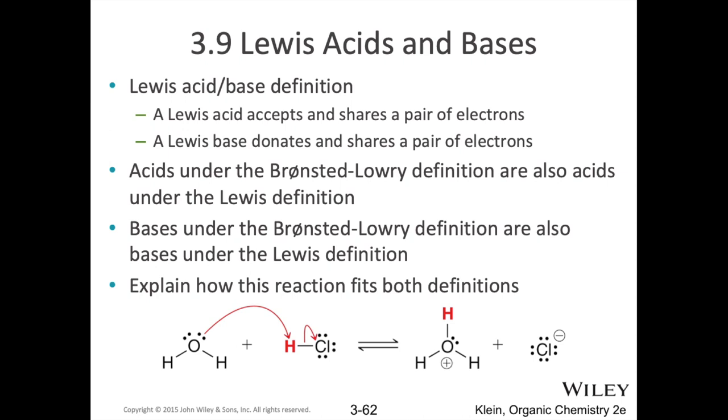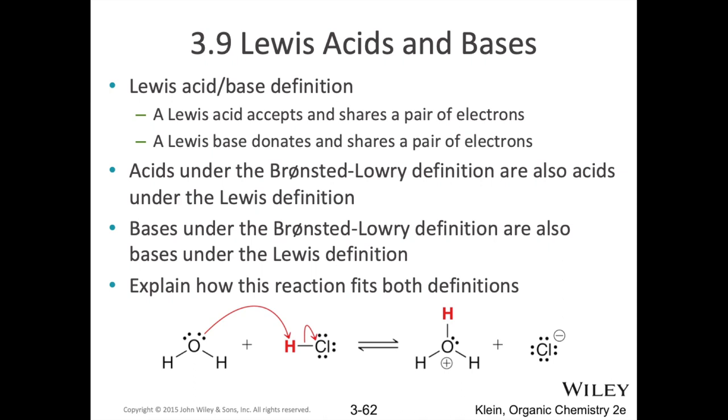At the start of this chapter, I talked to you about the three definitions of an acid and a base, right? I mentioned that we have an Arrhenius definition where an acid gives off H plus and a base gives off OH minus. We have the Bronsted-Lowry definition where an acid donates a proton, donates H plus, and a base accepts it. But I didn't mention that third definition.